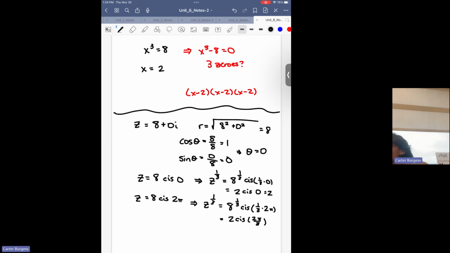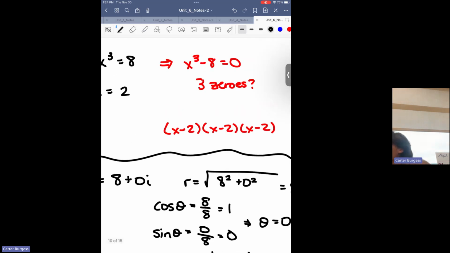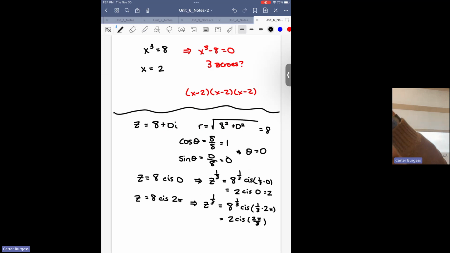How many solutions were we anticipating? We were anticipating up to 3. So let's maybe figure out another way that we can do this exact same thing. What's another way that I could write 8 CIS of 0 or 8 CIS of 2 pi? 8 CIS of 4 pi, I think, is a great one. We're just going to add 2 pi. We're going to find coterminal angles adding 2 pi over and over again.